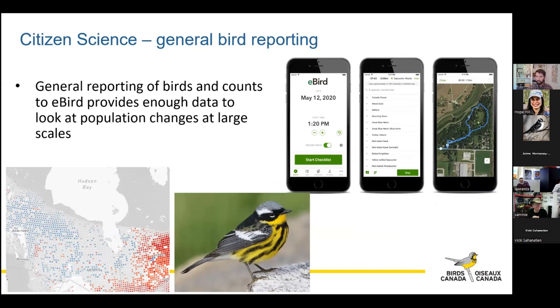But this is a global data set where anytime you're out looking at birds or listening for birds, you can report what you see, and it goes into this data set that can be used by scientists. And so it doesn't tend to be as good a tool for very specific or local questions, but it's a really great tool to engage anyone in learning about and submitting observations of birds. And so it's both a great introductory tool and a great tool for trained biologists.